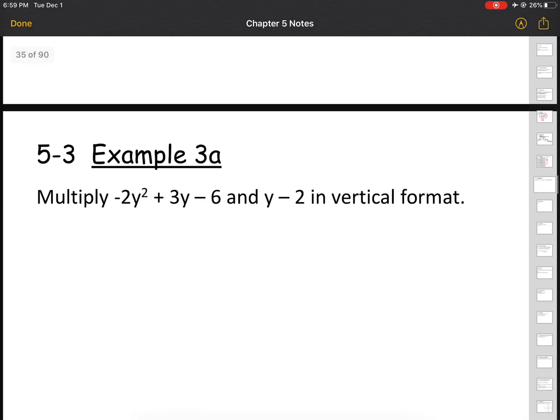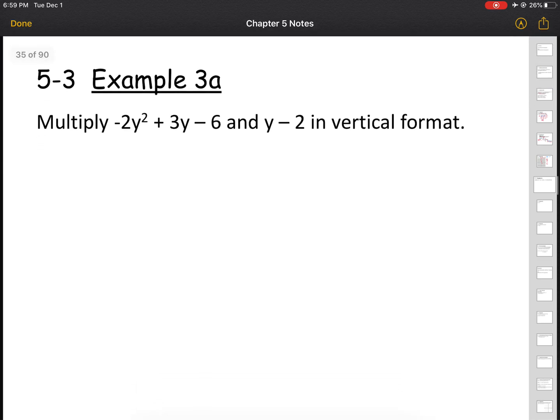So for example, what if I want to multiply this first polynomial by this second polynomial, y minus 2, in the format of my choosing, even though it says vertical format, I'm just going to go ahead and do it horizontally. Okay, so if I redo and rewrite this, I always put the polynomial with the least amount of terms first, and then the other one after it.